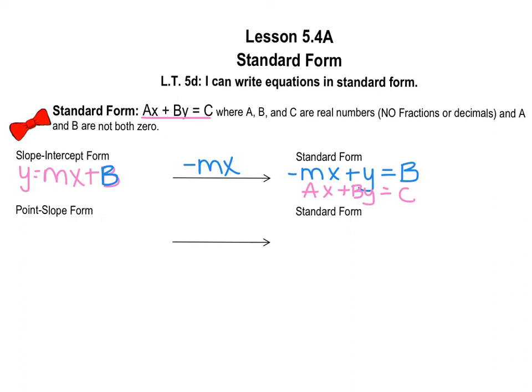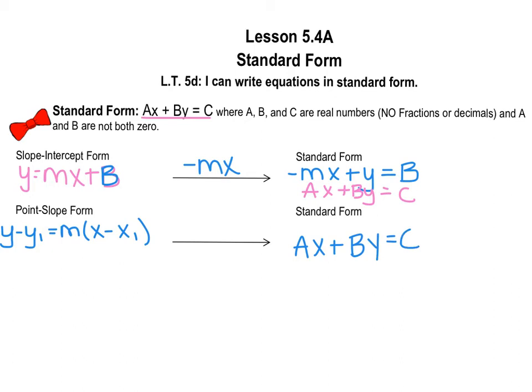If we have point-slope, you might remember that is y minus y1 equals m times x minus x1. Again, we're going to do a couple different steps. We're going to rewrite this so it turns into ax plus by equals c.